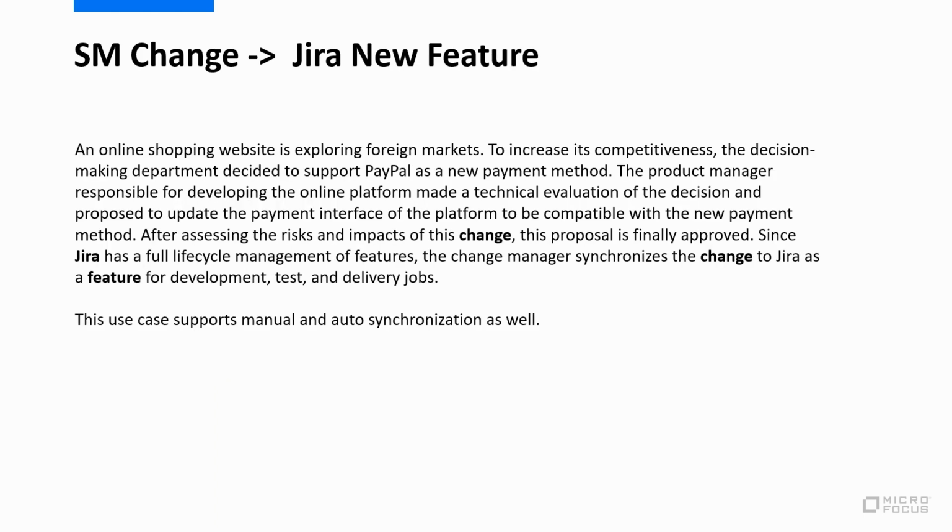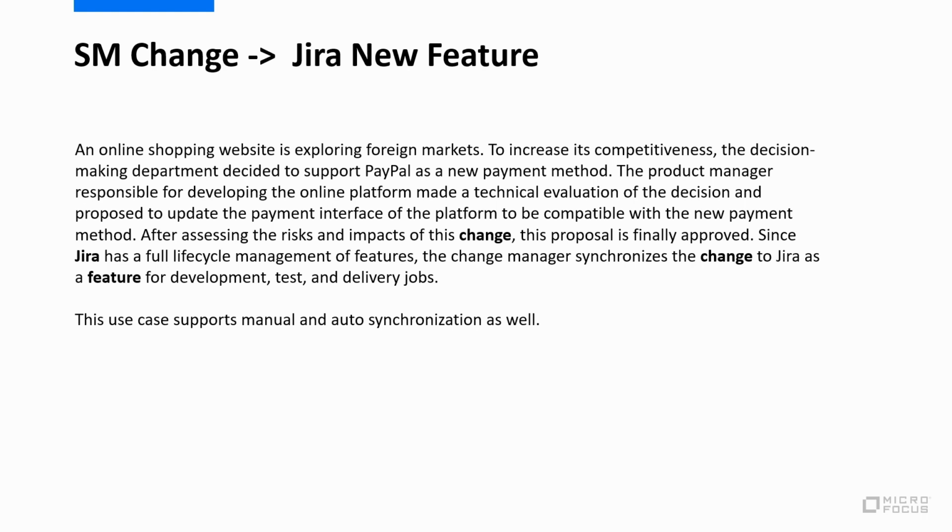The third user scenario is to synchronize a Service Manager change to Jira as a new feature. For example, in this user scenario, the decision-maker department uploads a proposal for a new payment method. Then in Service Manager, a change will be created to track it.